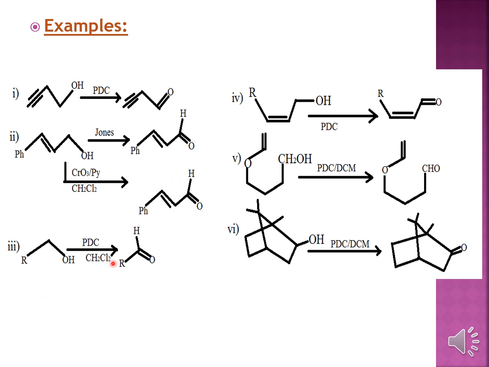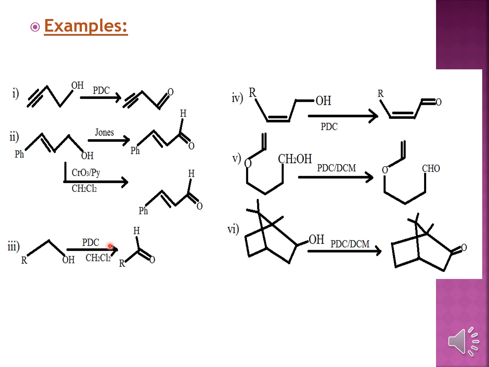Okay, so if we move on to the third example, you will see upon treatment with PDC and CH2Cl2. Here remember, I forgot one point: in PDC the solvents present are CH2Cl2, that is dichloromethane, and DMSO. Okay, when you have to use solvents, the acetone will be used in a smaller amount. Okay, remember that it is very hazardous for the aquatic environment.